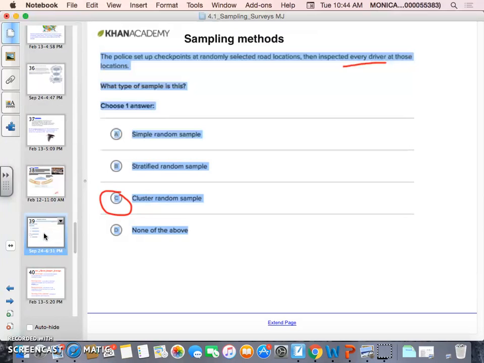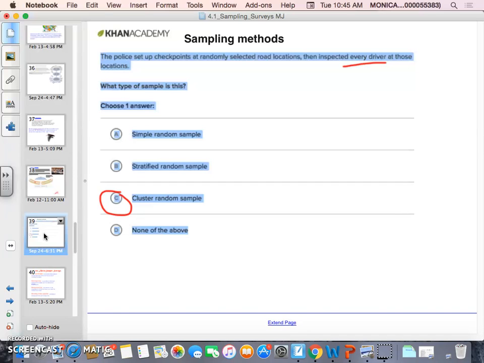If they said that they were going to set up checkpoints at randomly selected road locations and choose every 5th car, then that would be more of a stratified random sample, because you have to do a simple random sample within the group, essentially.